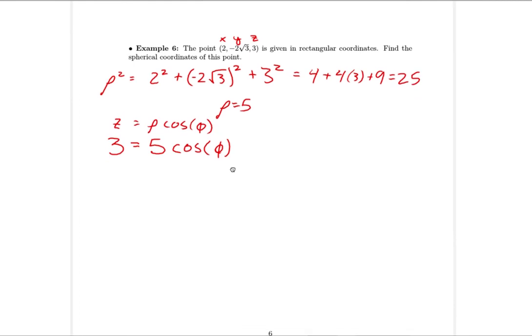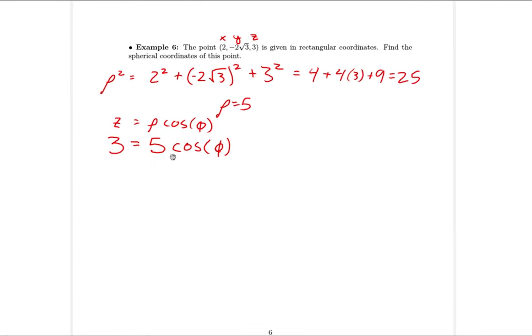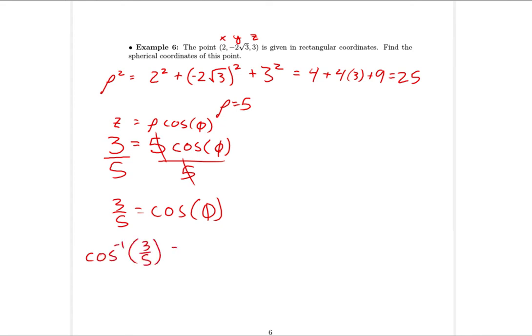Divide by 5 here, so this is 3/5 equals the cosine of phi. And so then I can just take the inverse cosine of 3/5 to get my phi.